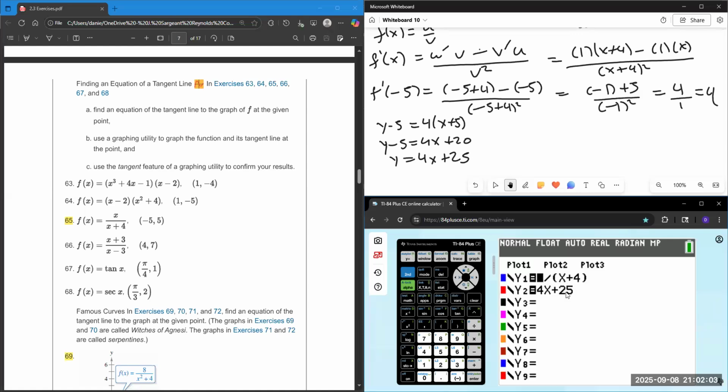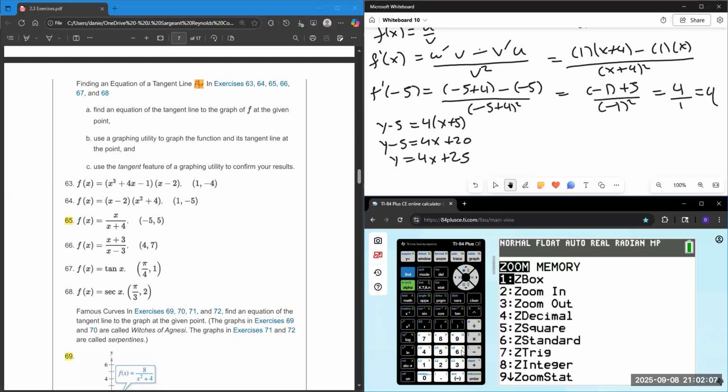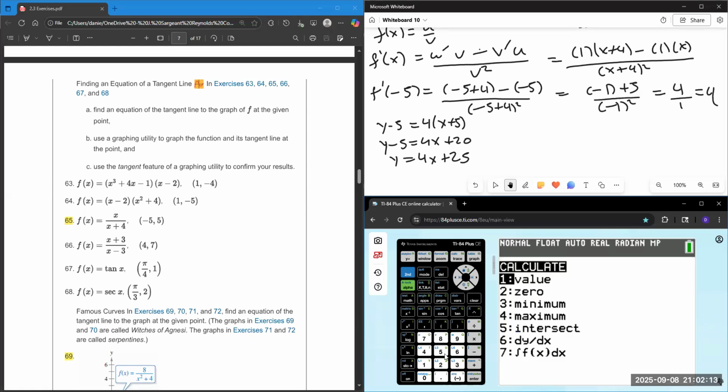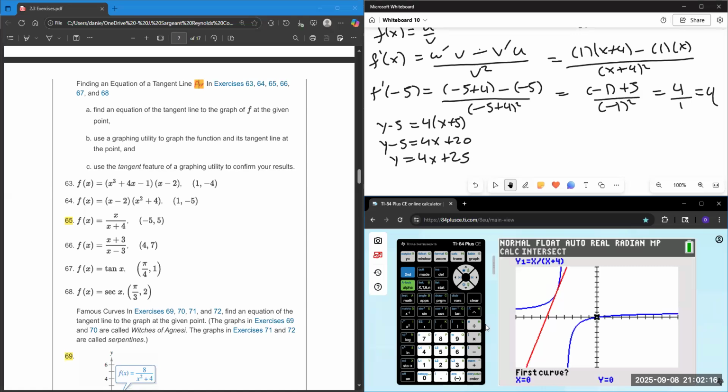So let's go ahead and, I have the equations in here already for those two functions. And let's find the point of intersection, second calc number 5, that it is this function here and this function here.